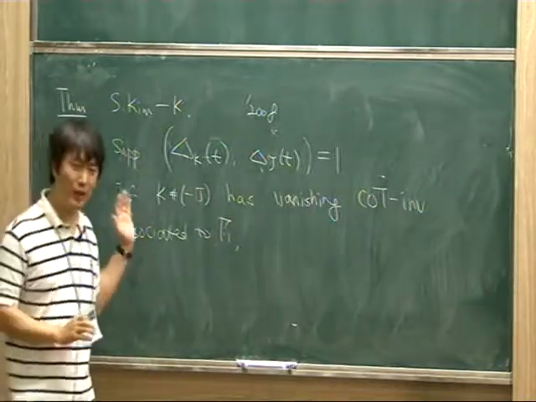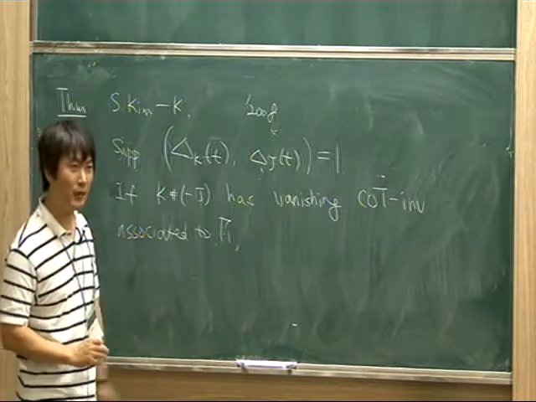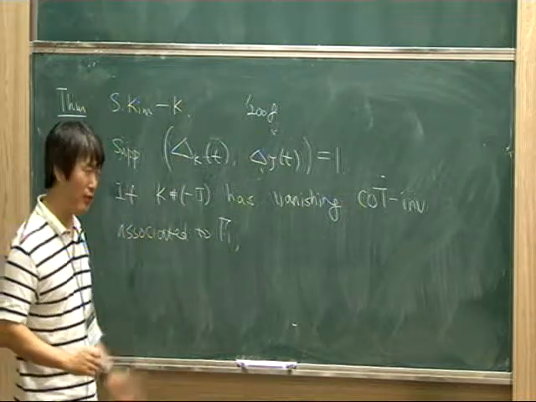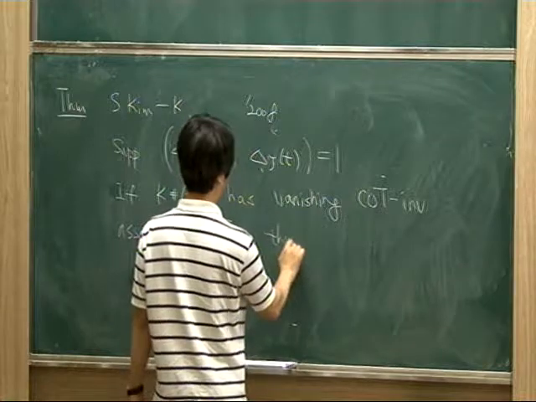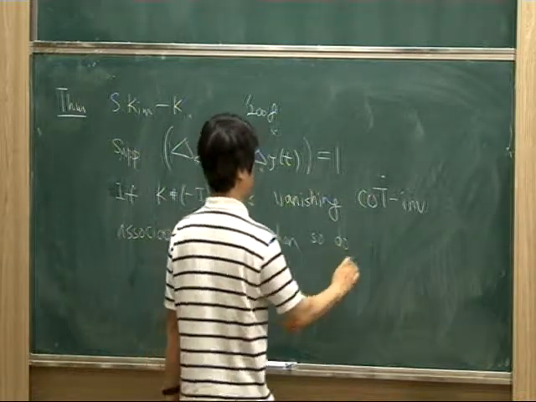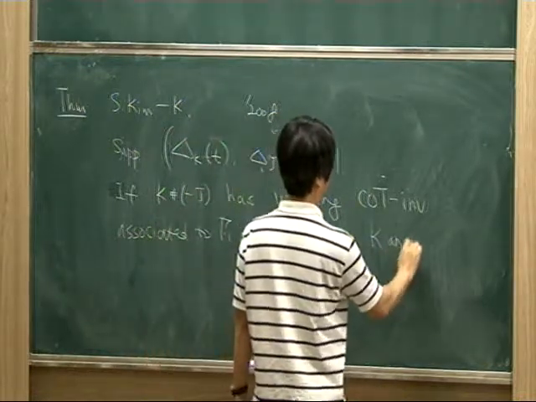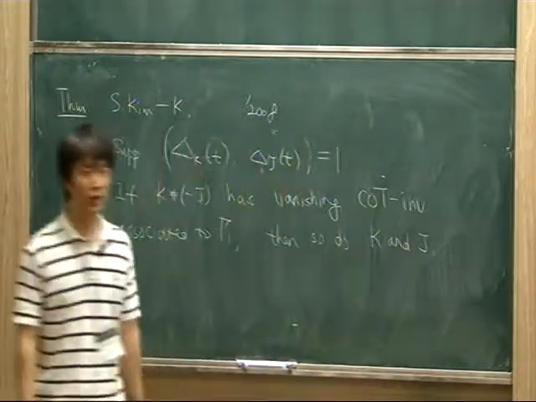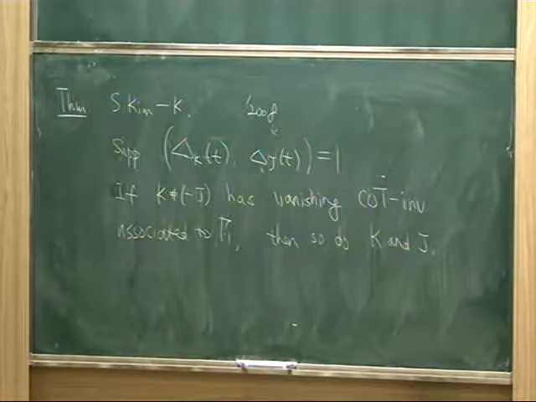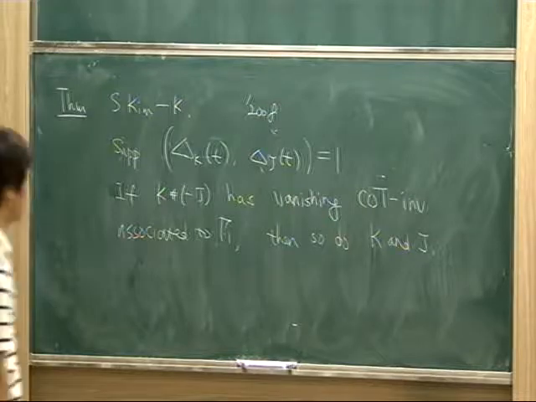So we are at the metabelian level again, which is similar to Casson-Gordon invariants. Then, so do K and J. So this is another positive evidence for the question or conjecture.